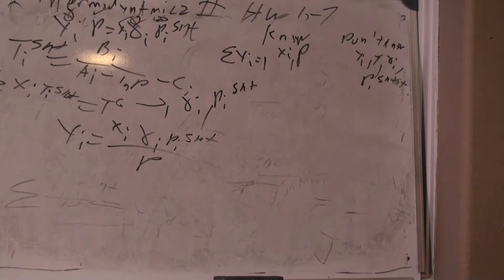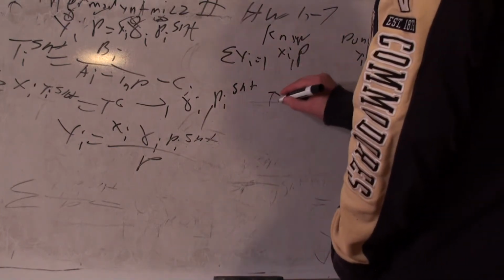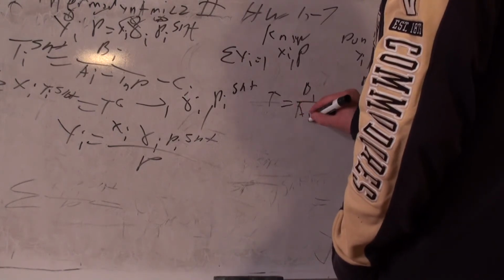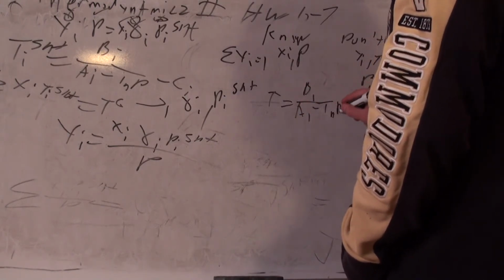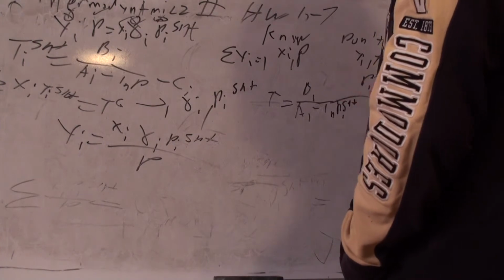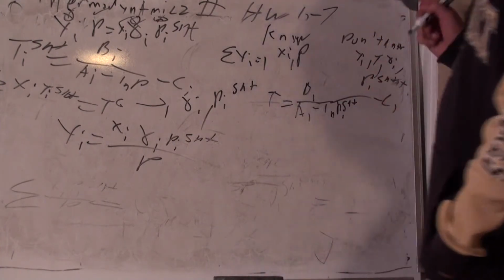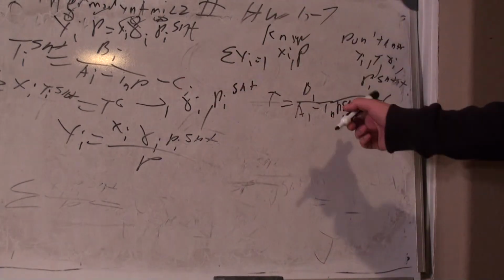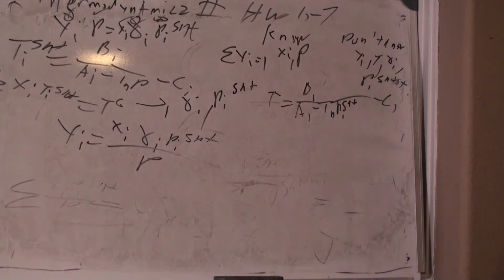Well, I know that T for component 1 is B1 over A1 minus natural log of P1 sat minus C1. The problem is, I already used my T guess to get P1 sat, and so if I did it this way, I get the exact same temperature back. So I need to change P1 sat somehow.